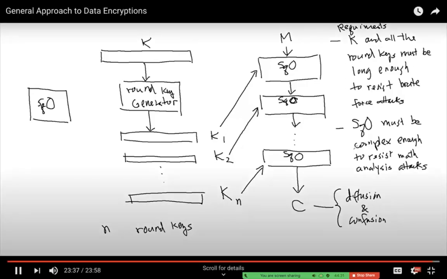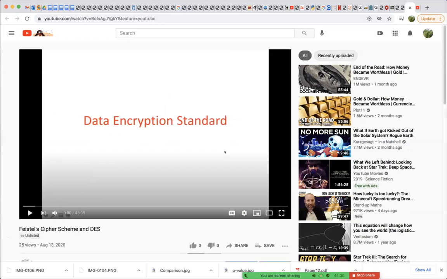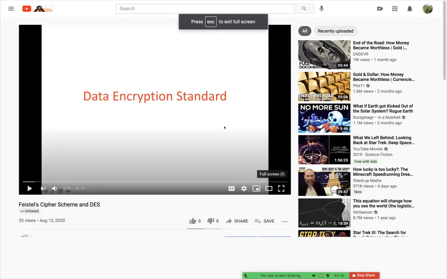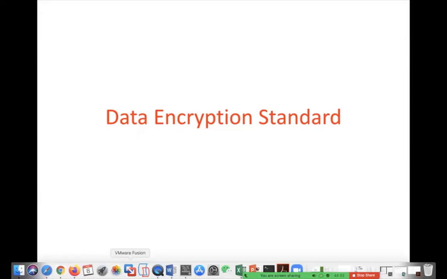In the next video, we are going to see the first concrete data encryption algorithm that was ever used in industry. With the preparations we provided in the previous videos, we are now ready to look at a concrete implementation of a data encryption algorithm.